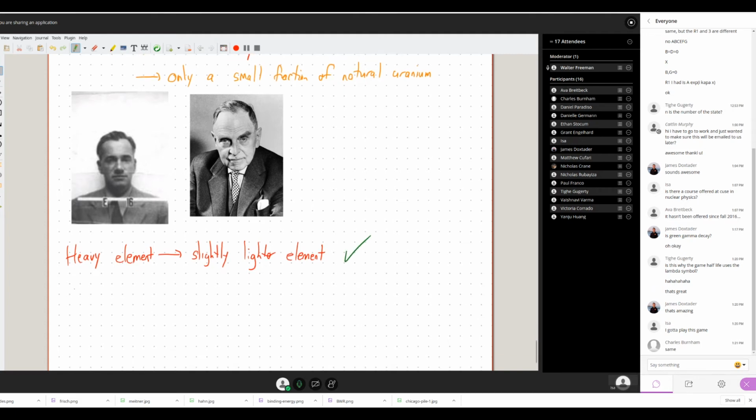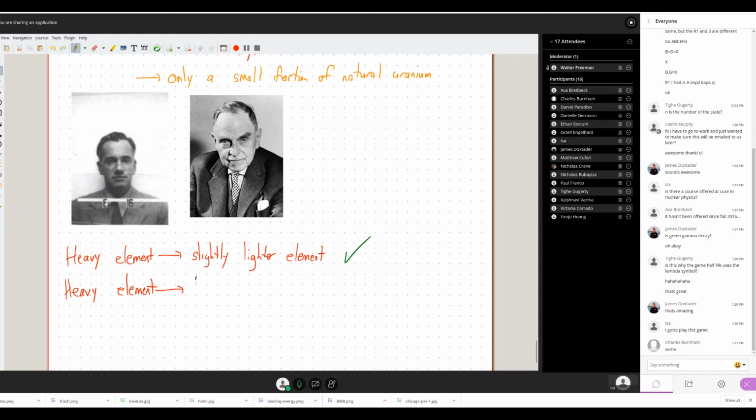But heavy element goes to a thing half the size? Again, only tiny fractions of the elements present were doing this. What happened, right? That's not a known decay.